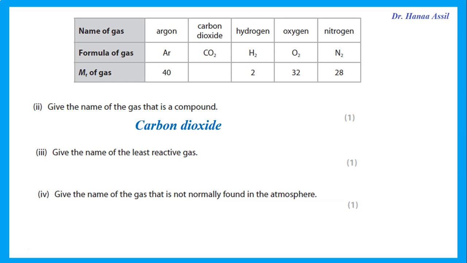It means the one in group 0. If you look at the periodic table, and of course you have a copy of the periodic table in the exam, look at the one in group 0 or group 8. That is argon. Give the name of the gas that's not normally found in the atmosphere. Which of these is not? In air, you should know that air does not contain hydrogen.